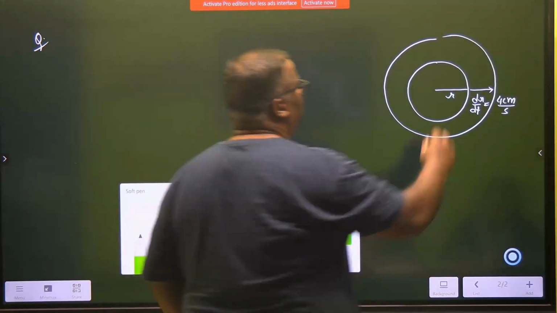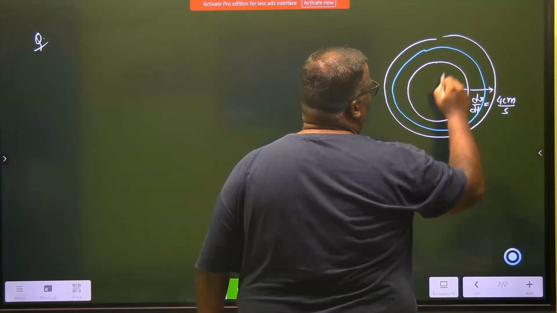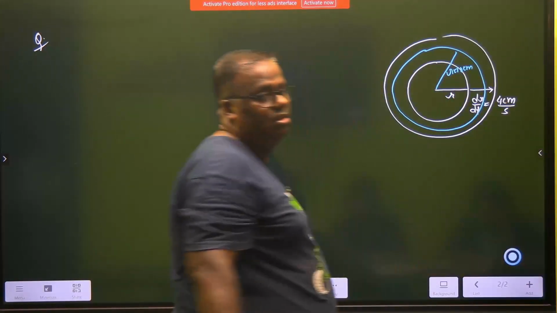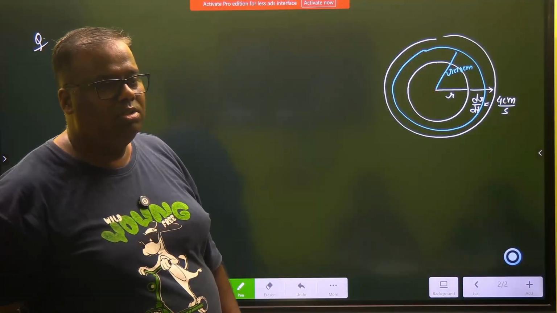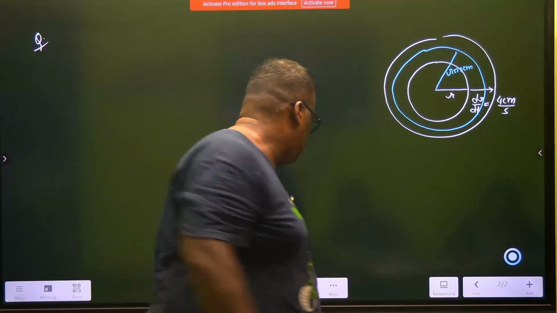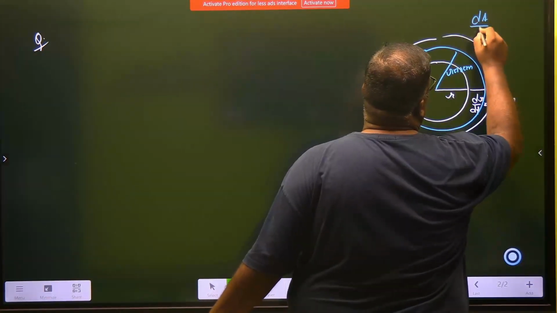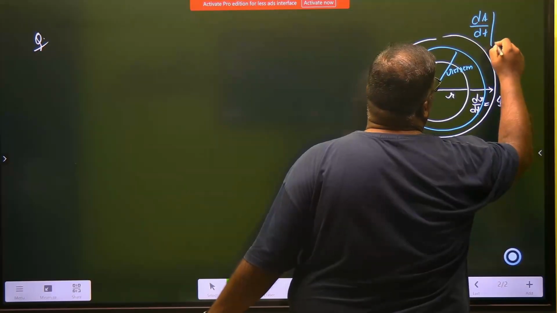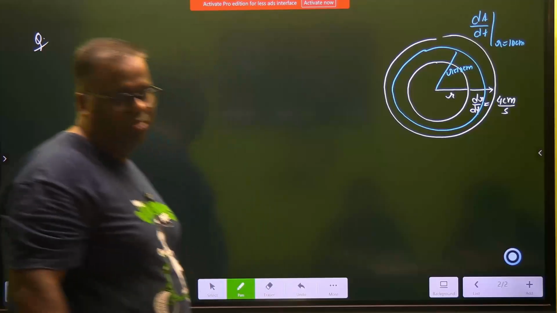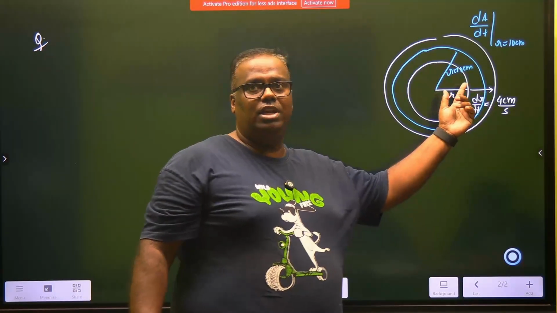There is some instant where the radius of the circular wave is r equal to 10 centimeter. What do I have to find out? How fast is the enclosed area increasing? So you have to find the value of dA by dt when r is equal to 10 centimeter, and this is the data given to you. How fast is the area increasing when the radius was 10?